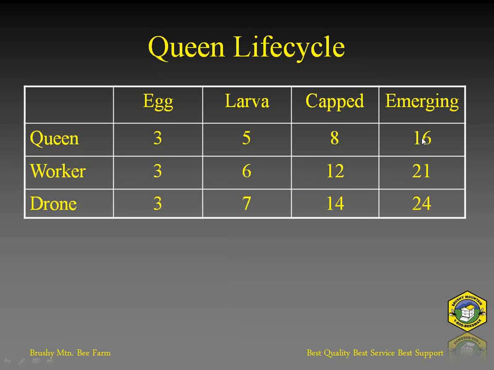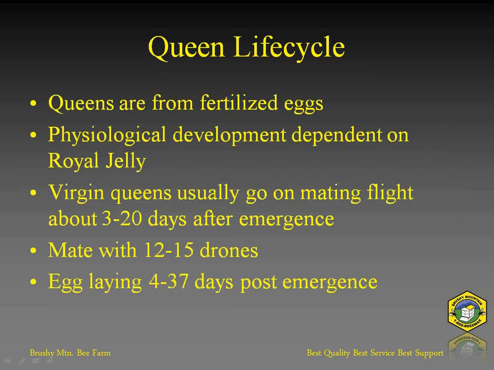Now, of course, keep in mind that that's a virgin queen, an unmated queen that's going to be emerging from that cell. So we still have mating flights and things like that to go on. A little bit more about the queen life cycle. Of course, they come from fertilized eggs.